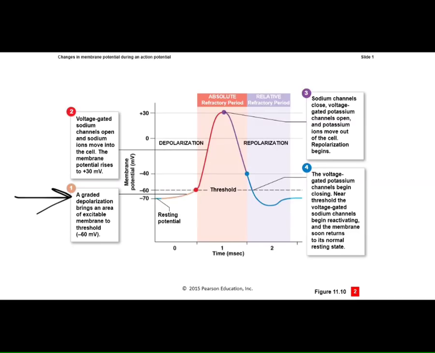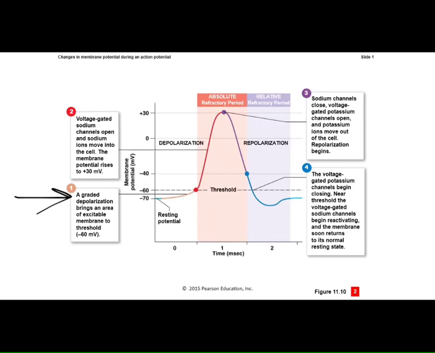As soon as the sodium gates open and go up and the potassium gates open and come down, that orangey period, during which there's a rapid influx and efflux of ions, there is absolutely no way that that neuron can fire again. That is the absolute refractory period. Absolutely no way can another stimulation cause another action potential.